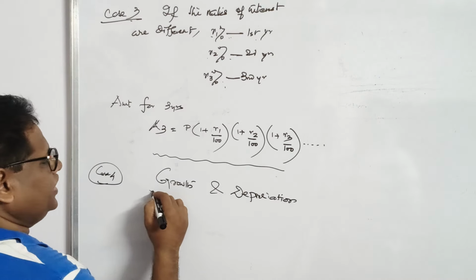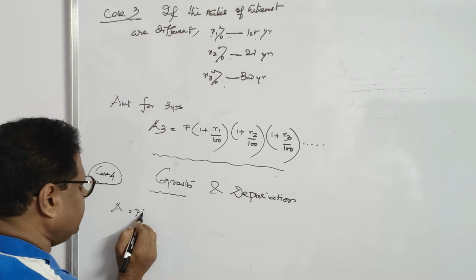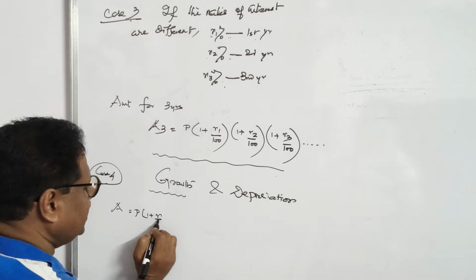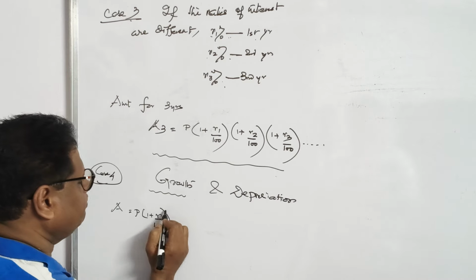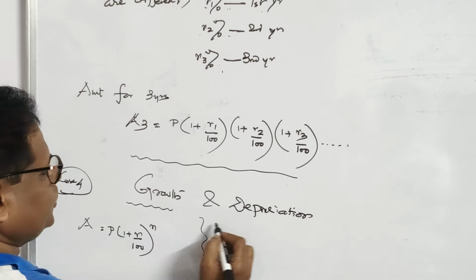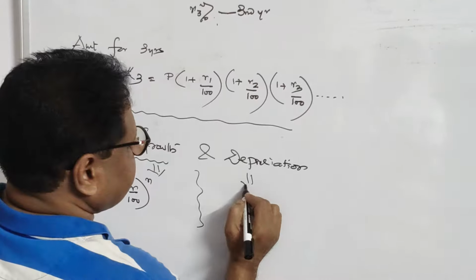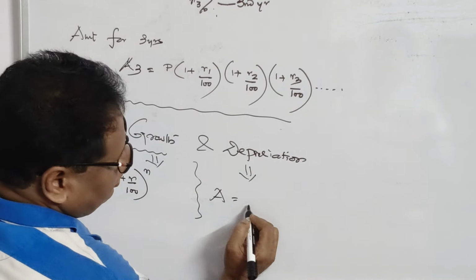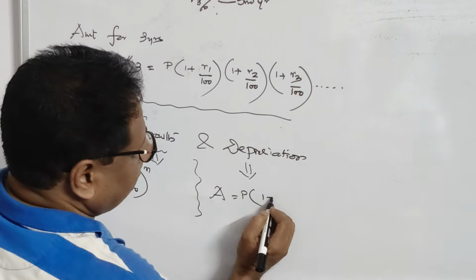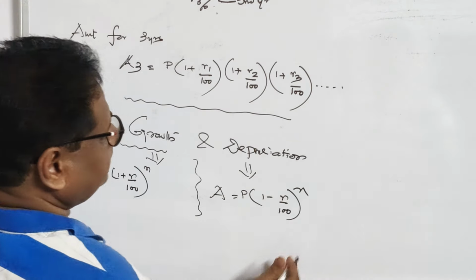In case of growth, we use the formula amount equals P (1 + R/100)^n. In case of depreciation, we use the expression amount equals P (1 - R/100)^n.